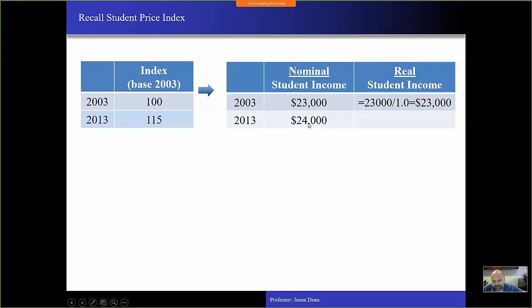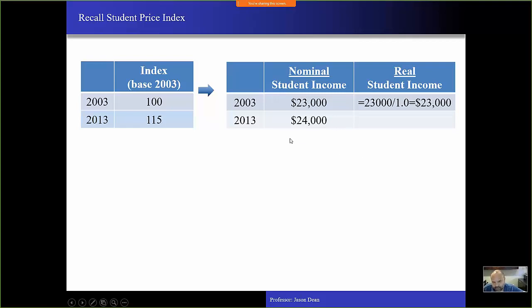So anyways, in 2013 or 2019, income's 24,000. So is this more income? Is this going to give the person more purchasing power? Yes, their nominal income increased, but that doesn't mean they're better off, because prices could have changed such that this amount of money can buy less.